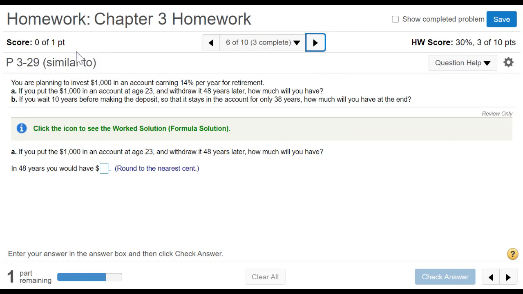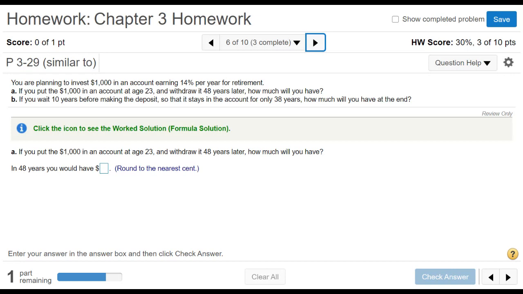If you put it in at 23 and you withdraw it at 48, it would be 48 only if you started when you were 1. You started at 23. So 48 minus 23 is what? So it's 25. Right. So n equals what?